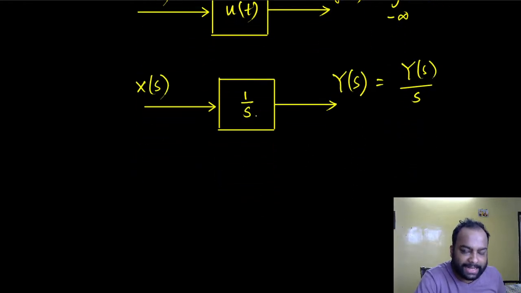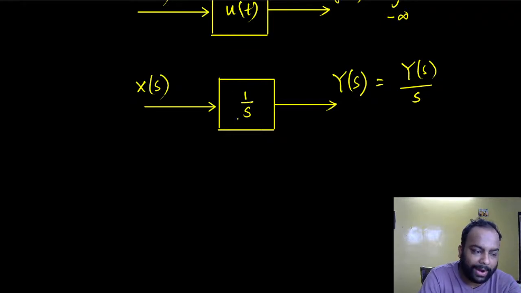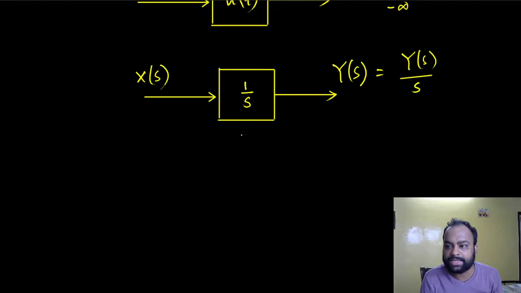So 1 by s acts like a transfer function that integrates a signal, right? If I have a system which has a transfer function of 1 by s, it would integrate a signal.